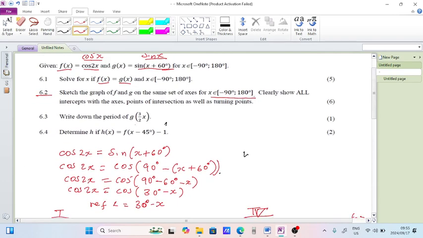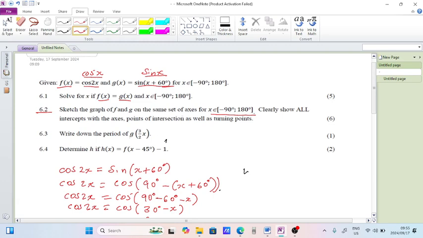Write down the period of G of x. Now look at what G is. It's sine. Again, on this sine, the value of x must be multiplied by 3 over 2. So let's write it.